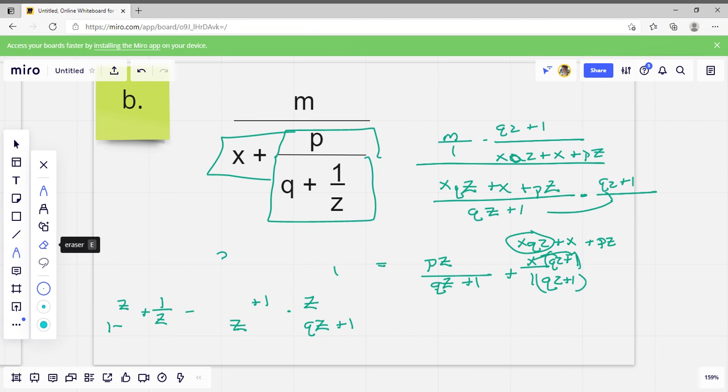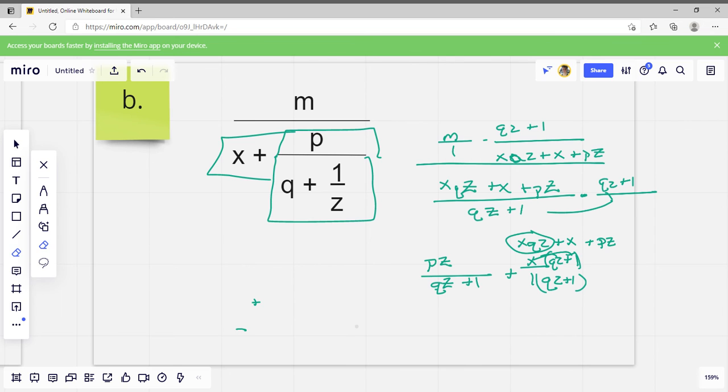Alright, so then when I write out my answer, we can erase this stuff. It's basically going to be what I already wrote there, just with that times M on the top.